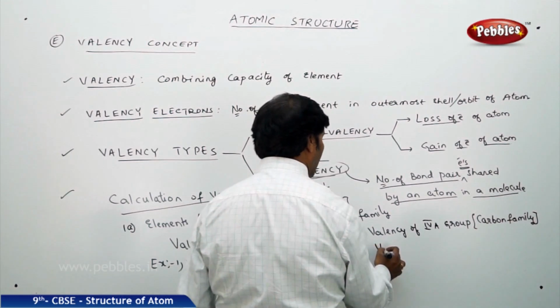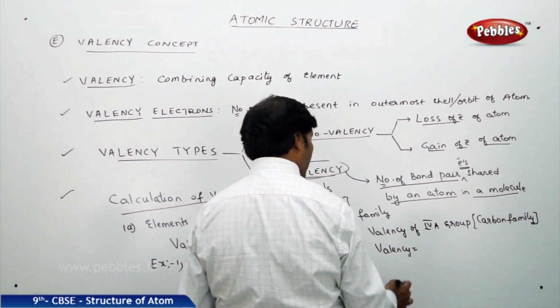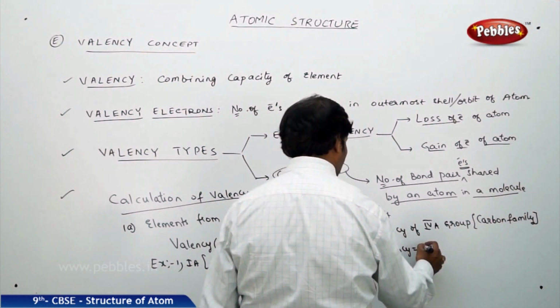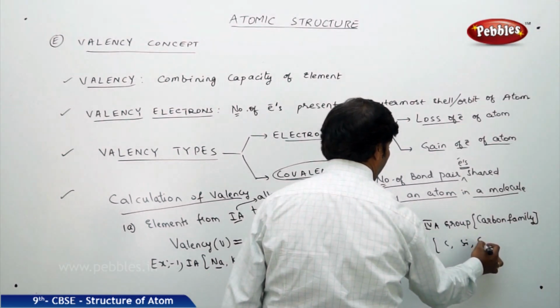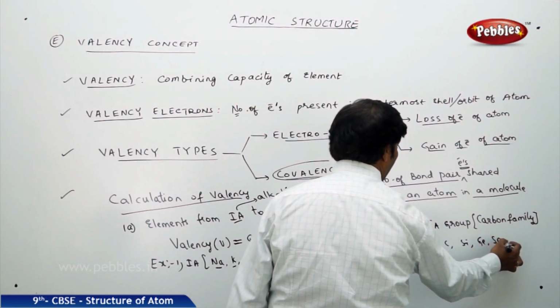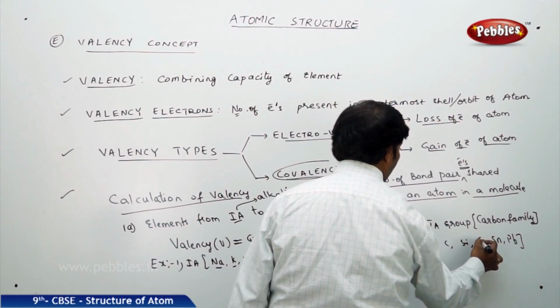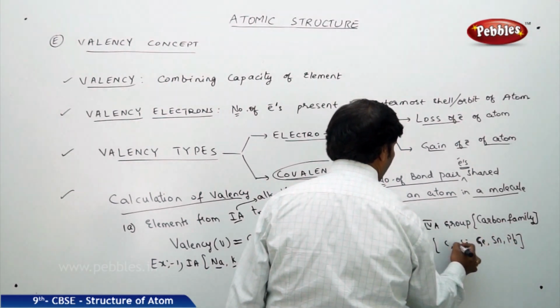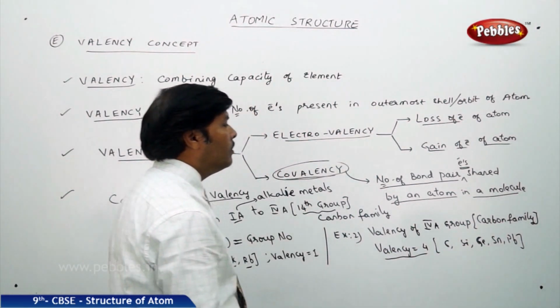So again, the valency of the carbon family is equal to 4. That is because if you take carbon, silicon, germanium, tin and lead, these are all the elements belonging to the carbon family, the 14th group. In all these elements you find that the number of valence electrons is 4. So its valency is equal to 4.